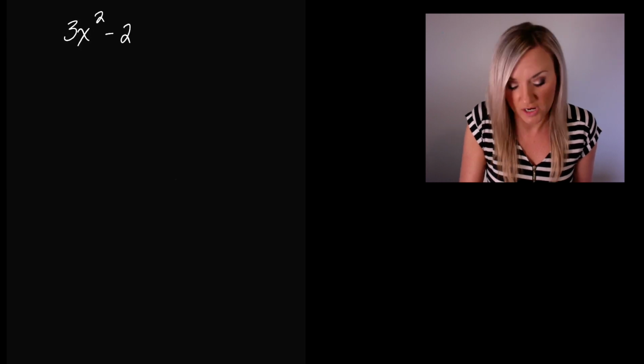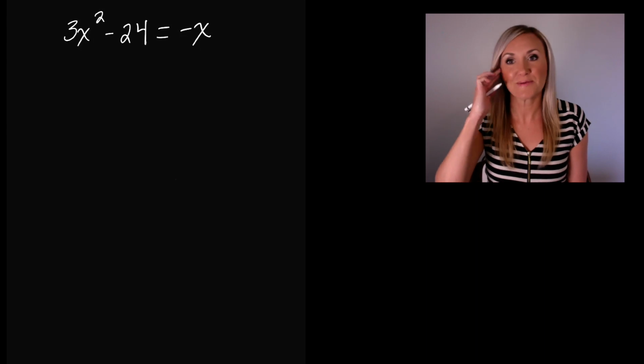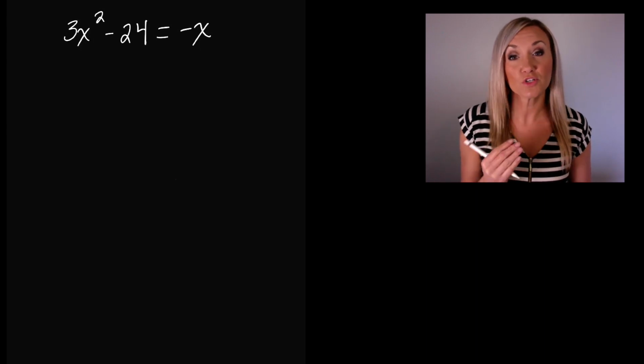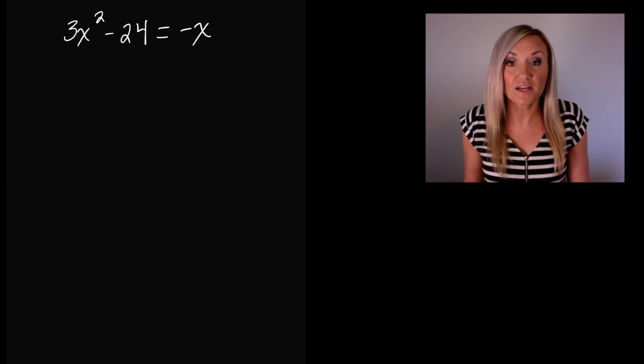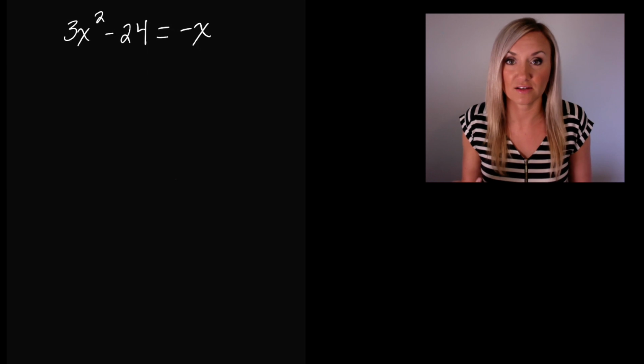Let's start with our first example, and it is 3x squared subtract 24 equals a negative x. Look at that very first term, 3x squared. That should be our leading term, the x squared.